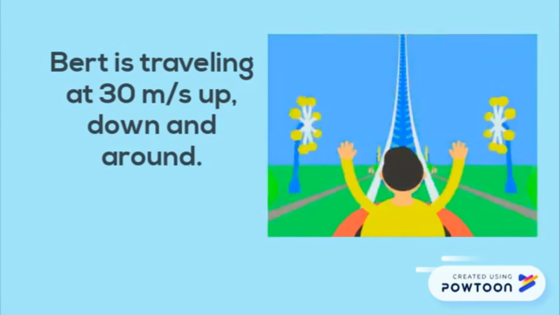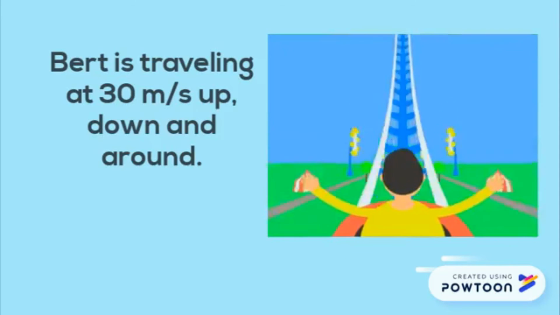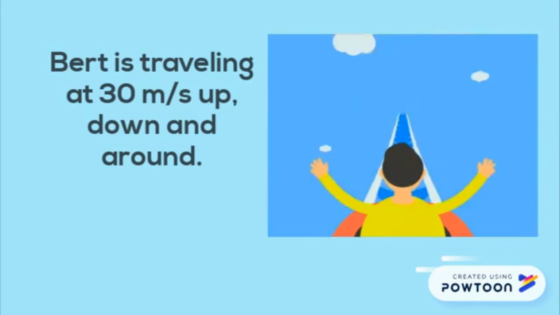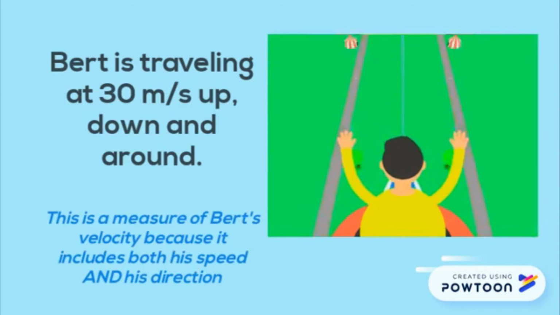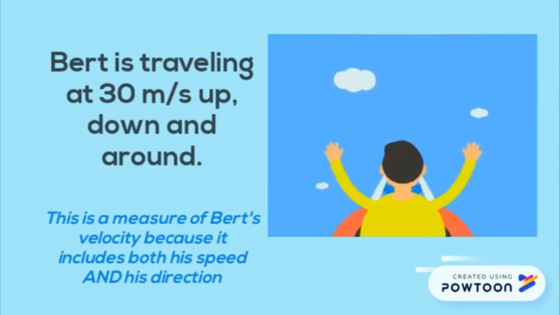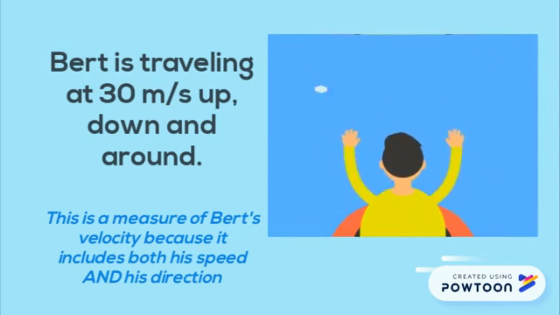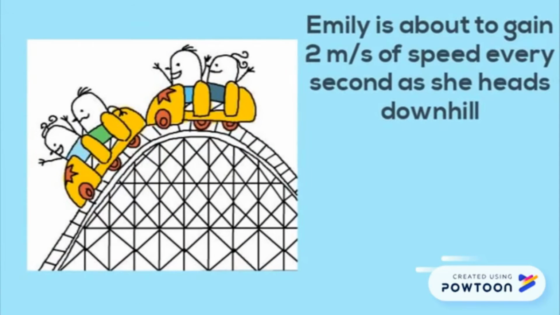This is Bert. He's traveling at 30 meters per second, up, down, and around. Is this Bert's speed, his velocity, or his acceleration? If you said that this was Bert's velocity, you're right. This is because it includes both his speed and his direction. He also happens to be accelerating because his direction is changing, even though his speed is not. Let's try one more example.